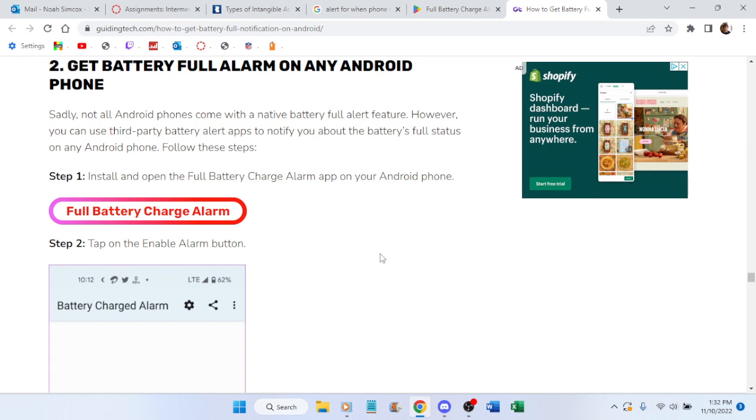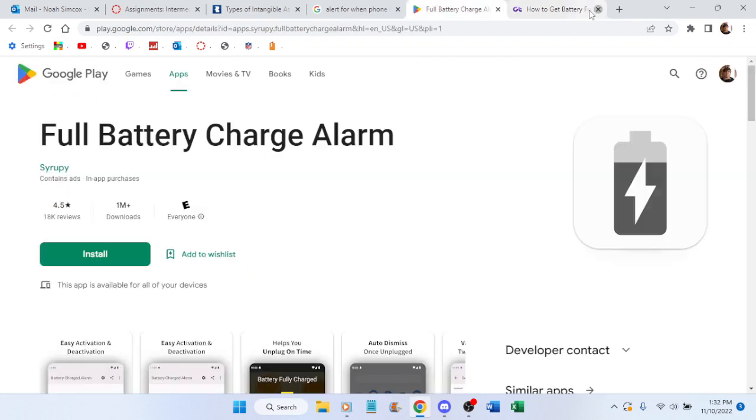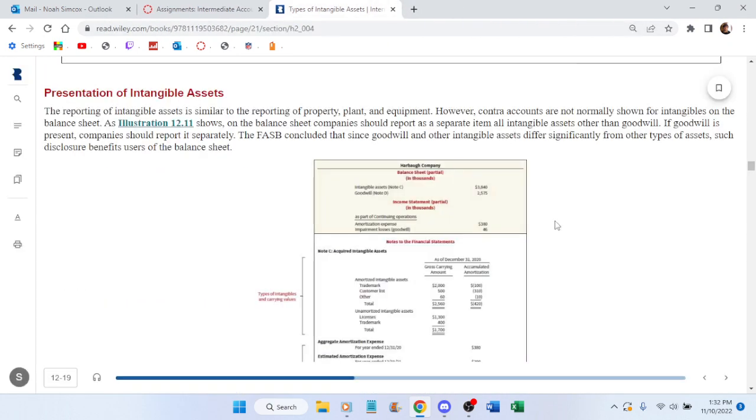What if I just installed the wrong app? It's fine. Stop. Because then I would have to constantly check my phone to see if it's fully charged. Because, like, it's so annoying.